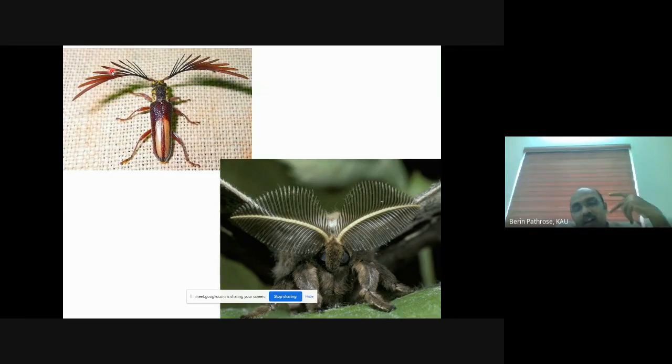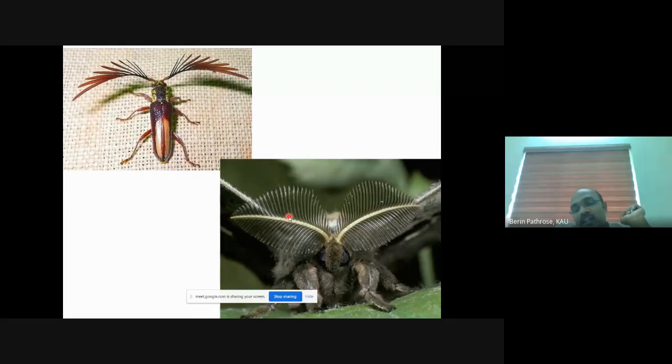And there is a slight modification of this unipectinate antenna, especially in the case of moths, as you can see in this extremely beautiful photograph. Here, these thread-like projections are not only on one side but are on both sides of the antenna. Hence, it is called bipectinate antenna. The example is moths.